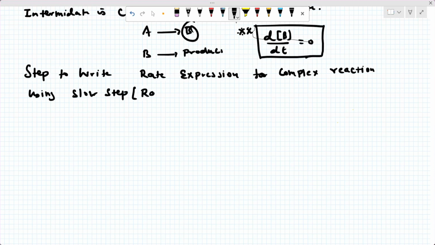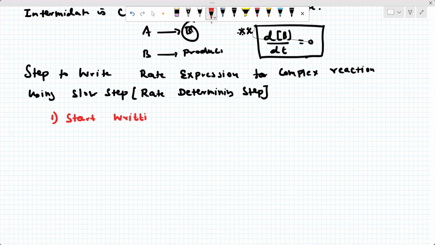That is the rate determining step. Start writing the rate expression using the slow step, which is the second step.